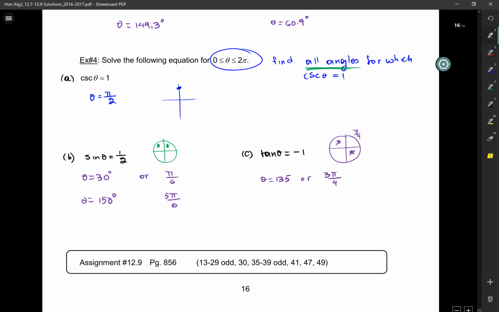And what would the radian equivalent be in the fourth quadrant? 7 pi over 4, or 315.